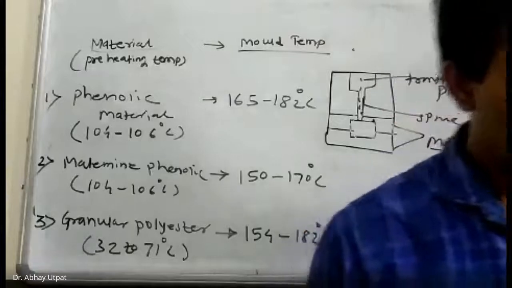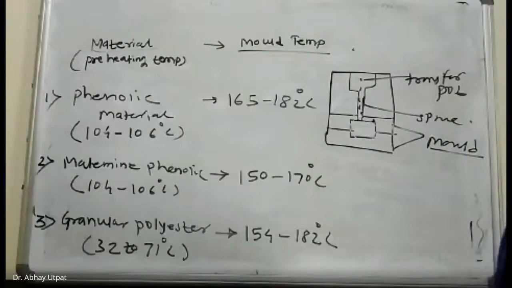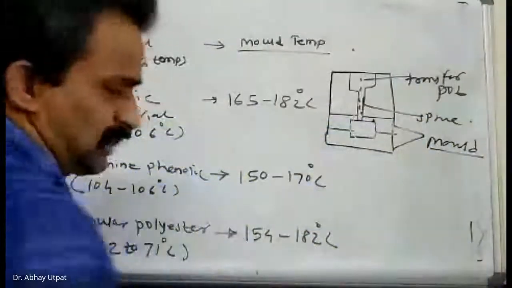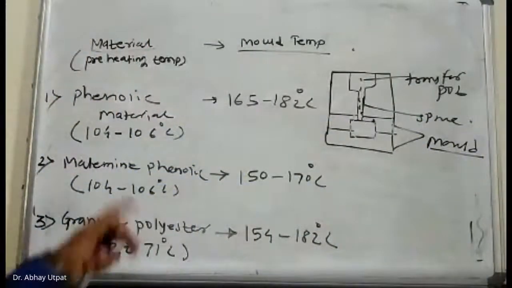Okay. In transfer molding itself, there are two types. Let us see. One is plunger type and another is pot type. I hope you have written this.